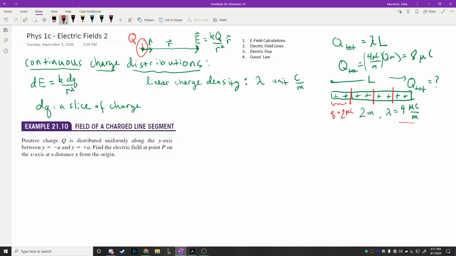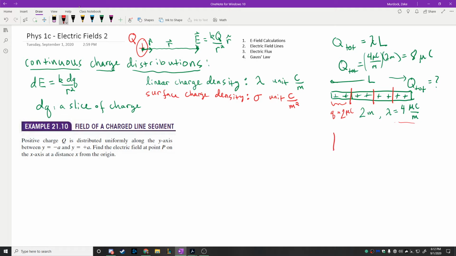We also define things like surface charge density. The symbol we use for this one is sigma, and the unit, since it's a surface density, is going to be coulombs divided by meters squared.